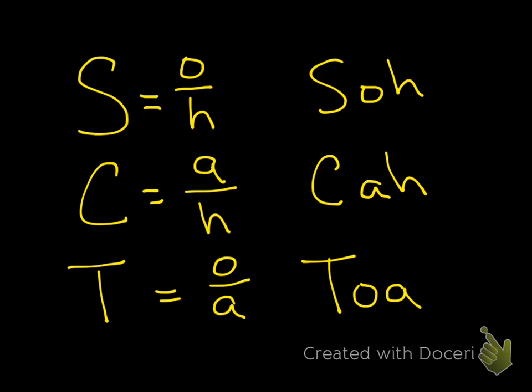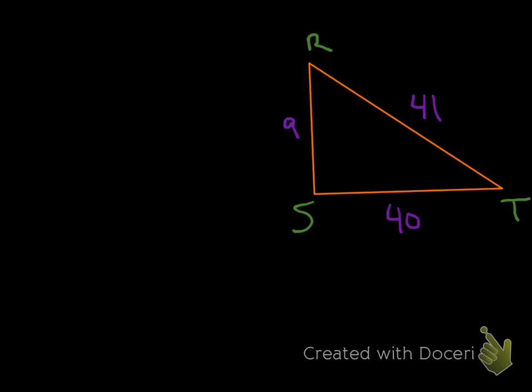All right, so now let's get into using numbers and figuring out how to do this. Here's our triangle, and the first one is telling you to find the sine of angle R. Remember, sine is equal to opposite over hypotenuse.